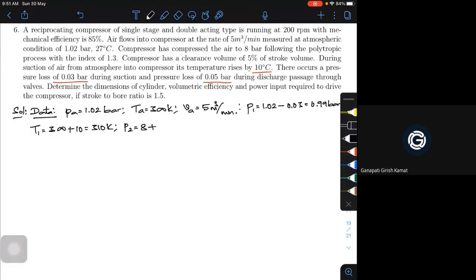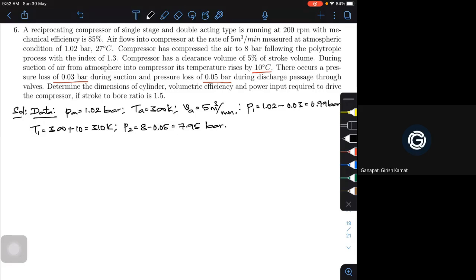So instead of compressing it to 8 bar, I am compressing it to 8 bar minus 0.05, that is 7.95 bar. So there is a loss of 0.03 bar on the suction and a loss of 0.05 bar on the delivery. This we have considered.